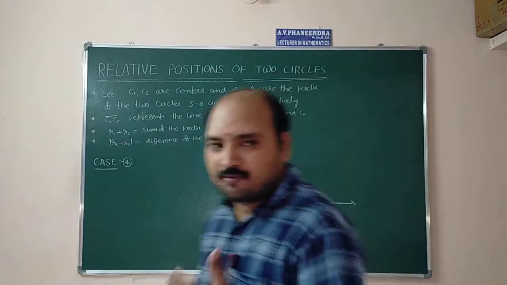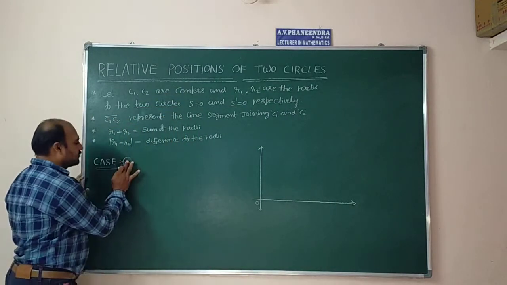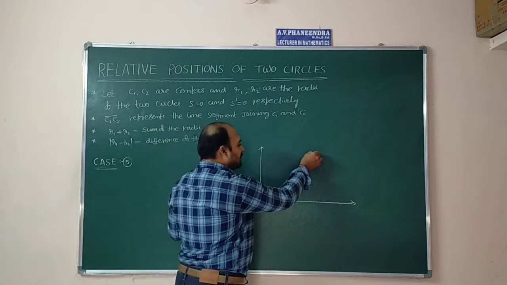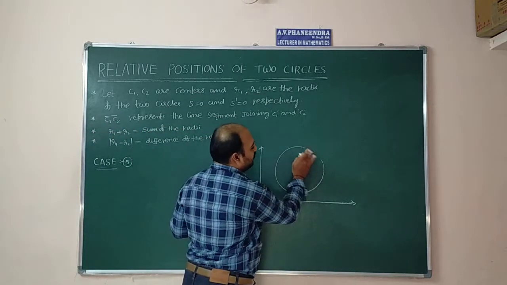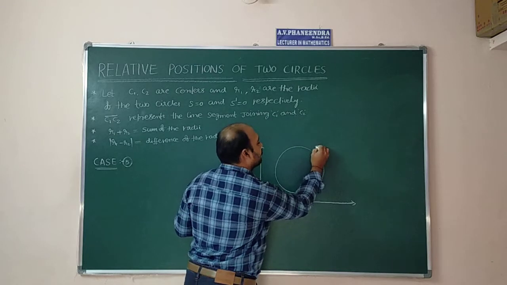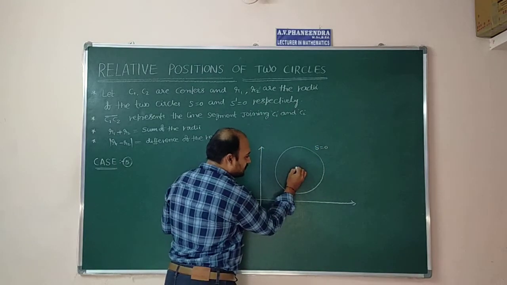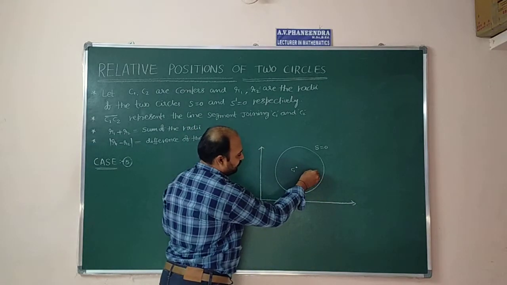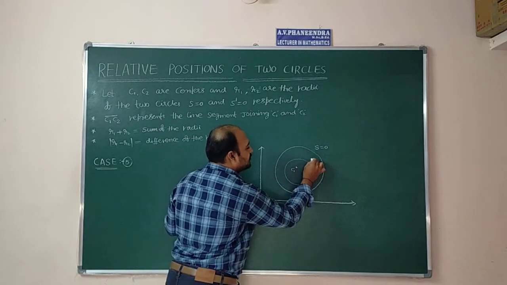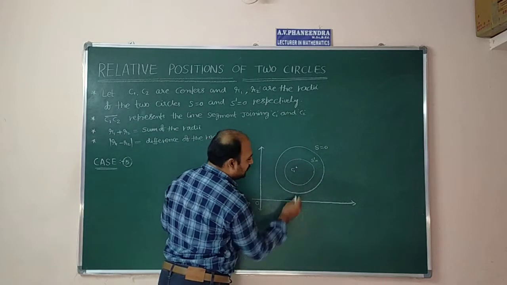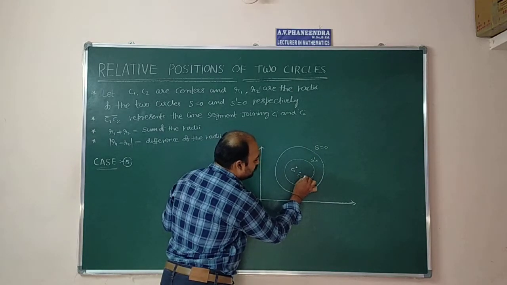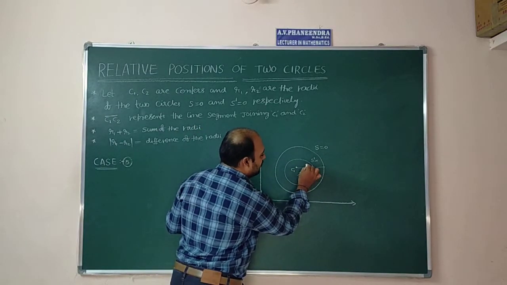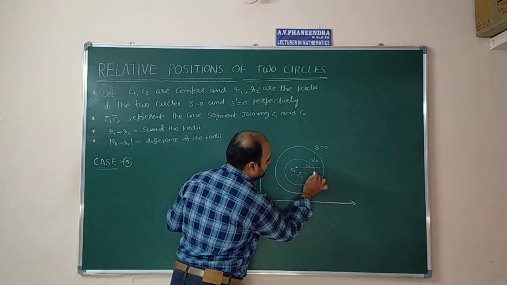Case number 5, the last case in this. Let S equal to 0 be one circle with center C1 and S dash equal to 0 be another circle with center C2. From here to here it is radius R1, from here to here it is radius R2.